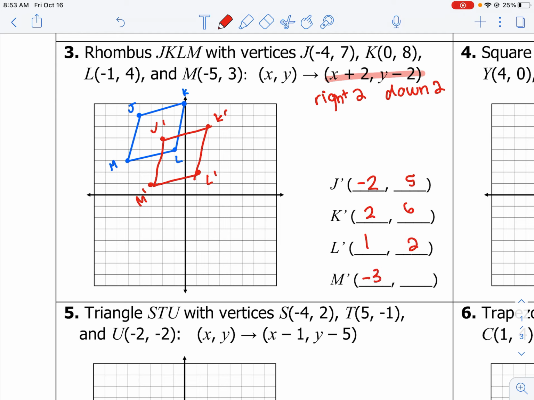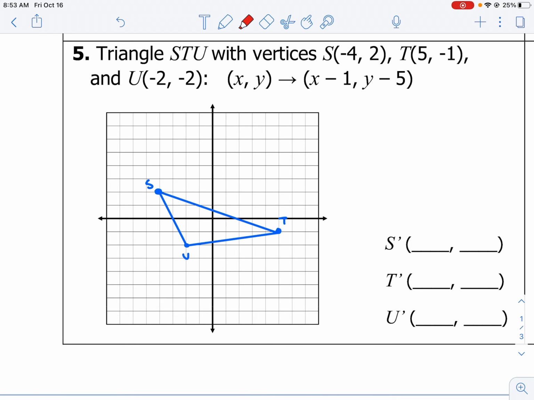All right, number 5. I'm going to look at my translation rule. It goes to the left 1 and then down 5. So left 1 and then down 5.